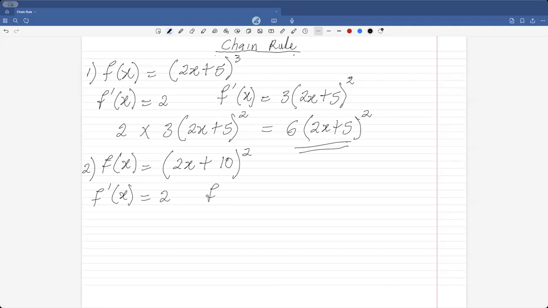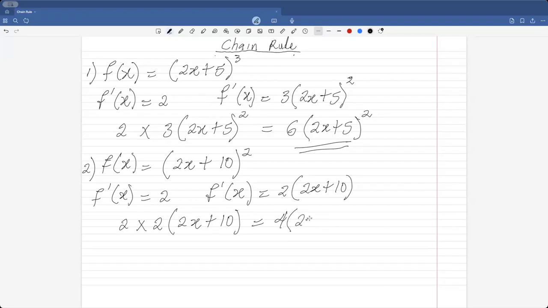So our final answer becomes 2 multiplied by 2(2x + 10), equals 4(2x + 10).